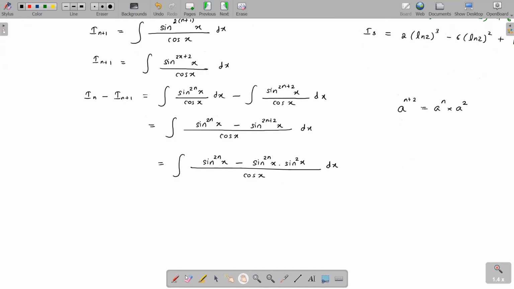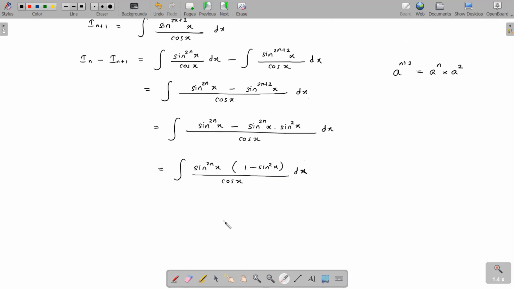Now we can take sine to the power 2n out, not out of the integral sign, but just outside as common. And I end up getting 1 minus sine square x, divided by cos x. Who is 1 minus sine square? 1 minus sine square is cos square.